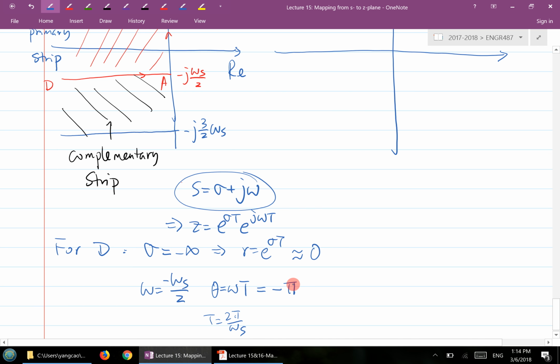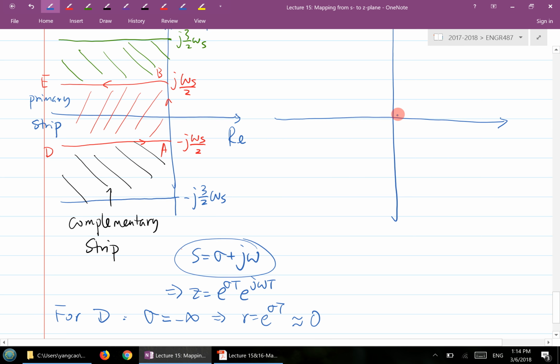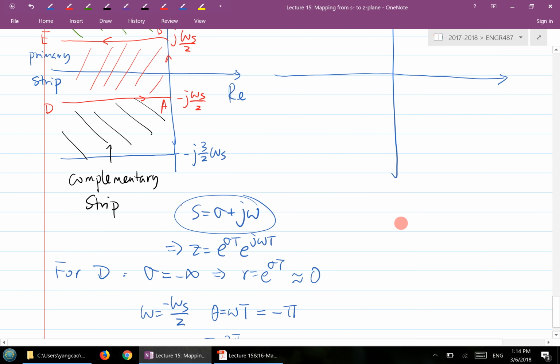So your D point, which is on the infinite left side here, will be mapped to which location in the z plane? R is approximately 0, and theta is exactly negative pi.